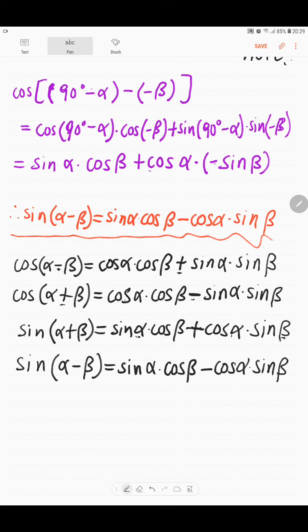But for the sine function, there's a direct correlation. If you have a plus on the left hand side, there will be a plus on the right hand side, and if you have a minus on the left hand side, there will be a minus on the right hand side. And so this will be it. Thank you.